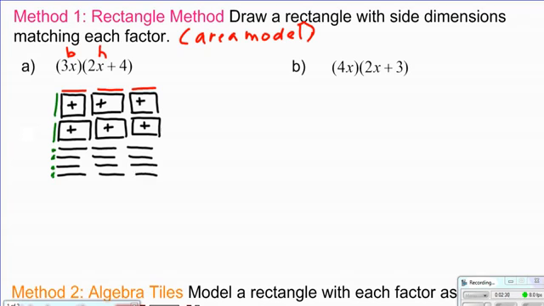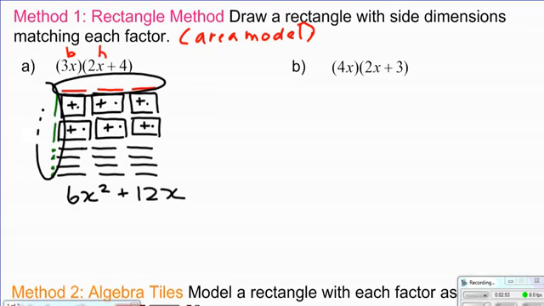Okay, so now when we look at the area, we're going to add our like terms. So we have 1, 2, 3, 4, 5, 6 x squareds. And we are going to add the x's, 1, 2, 3, 4, 5, 6, 7, 8, 9, 10, 11, 12. Please notice that the side lengths that we used at the start to help figure out what area we put in, we do not add those into our total area. Those are just there as an outline.